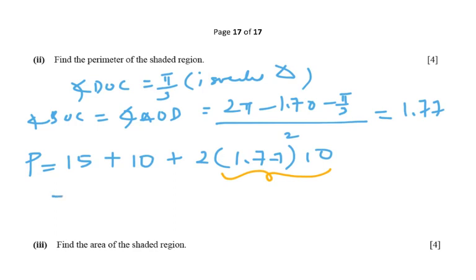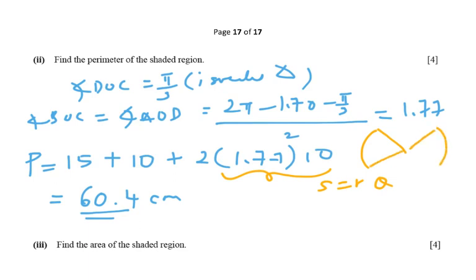Hence, the final answer will be 60.4 centimeter. Okay, I repeat, this is referring to your s equals r theta, the arc, which is this side and also this side.